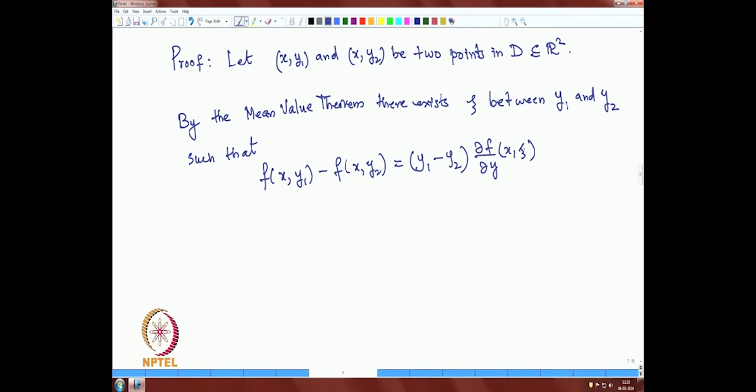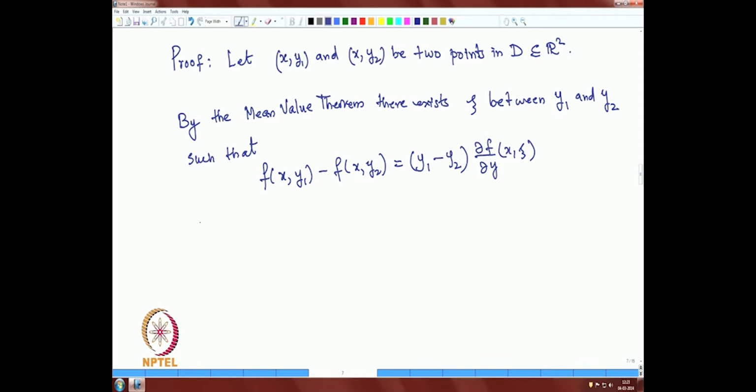This psi is a point between y1 and y2, which is assured because we assumed that in the domain D the line joining any 2 points lies entirely inside. So, psi is a point between y1 and y2 which is totally inside the domain D.